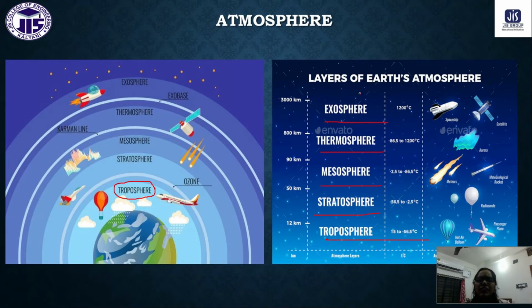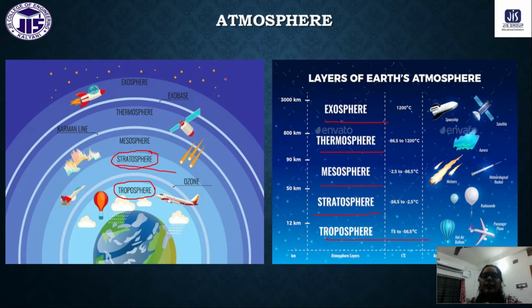Okay, next we have the stratosphere. The stratosphere consists of the ozone layer, ozone molecules. These ozone molecules are very important, as the stratosphere can absorb UV radiation.